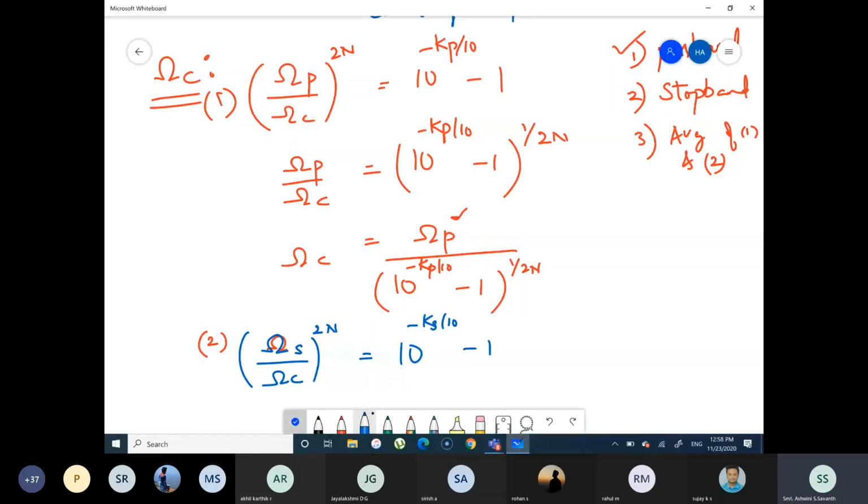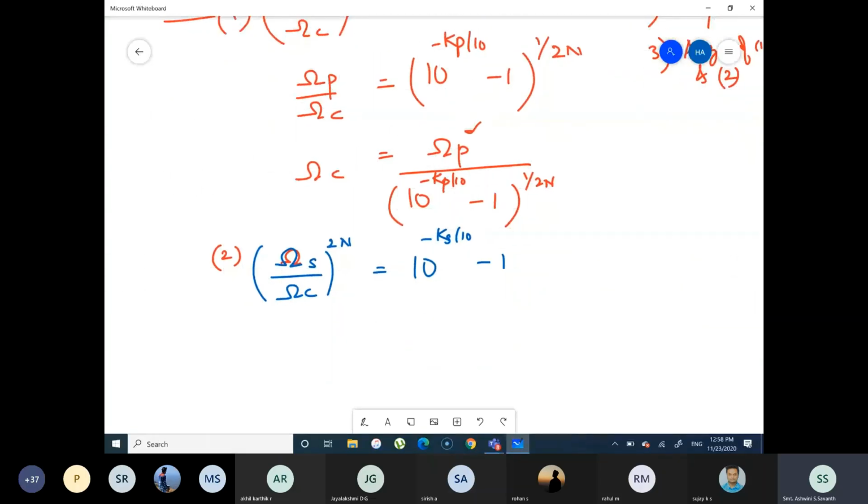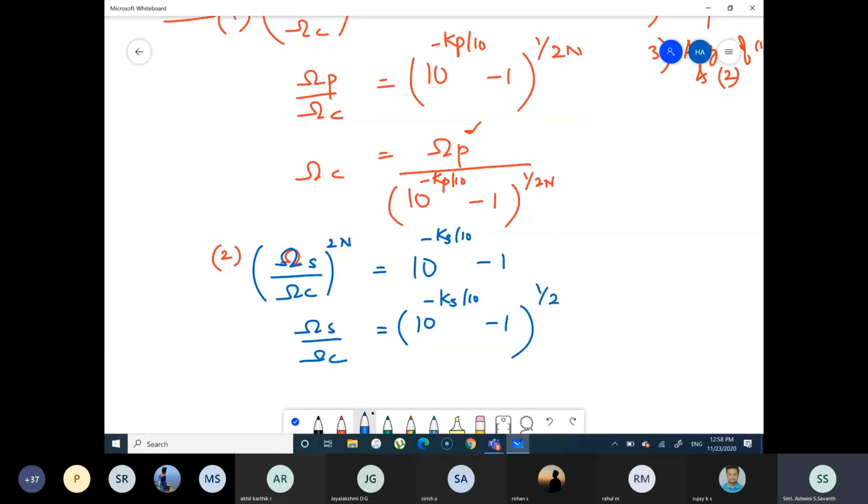Omega s by omega c is 10 to the power minus ks by 10 minus 1, whole raised to the power 1 by 2n.